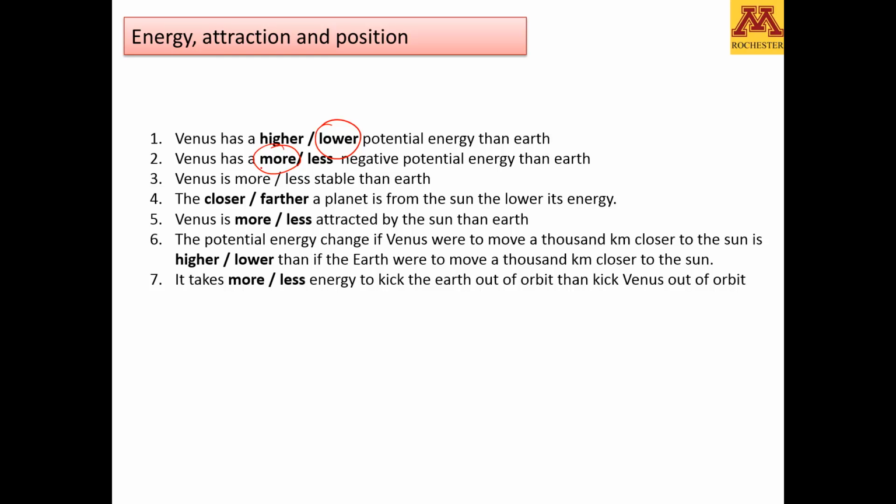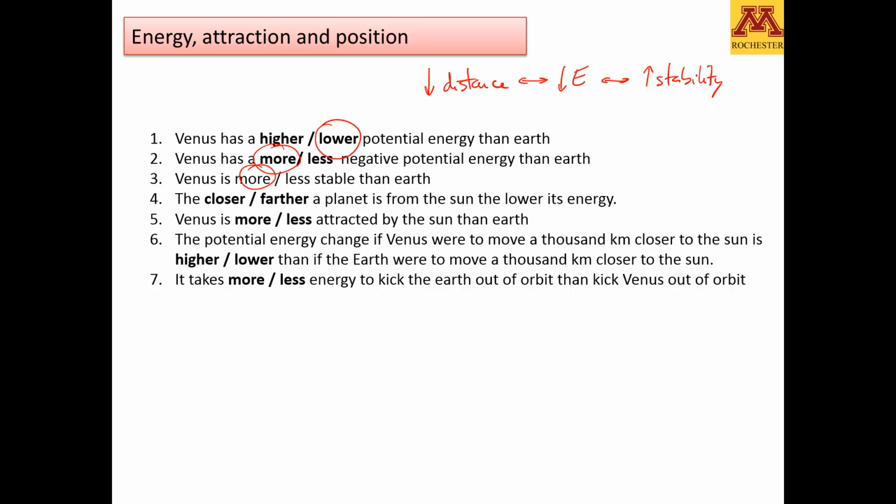Well, let's go over it again: the lower the distance among attracting particles, the more negative the energy, and this means the higher the stability. In other words, if it were not for the fact that the Earth is traveling at such high speed, it would keep falling closer and closer to the Sun. So if you were a semi-god able to stop the Earth from moving, the very attraction of the Sun would pull the Earth closer and closer until it collapses into the Sun.